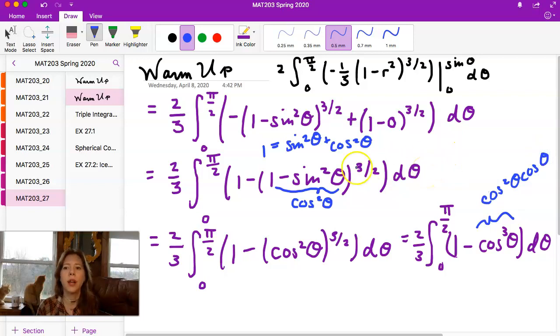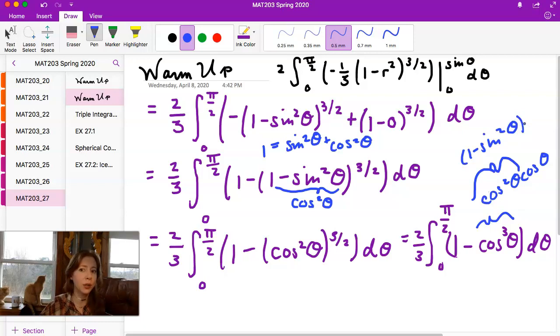Okay, and so we can rewrite cosine squared theta as 1 minus sine squared theta. And I know this is starting to feel very circular, but there's a reason we're doing this, because we're trying to set up the inside of our integral to be much nicer to work with for a u substitution. And you'll see what I mean momentarily.